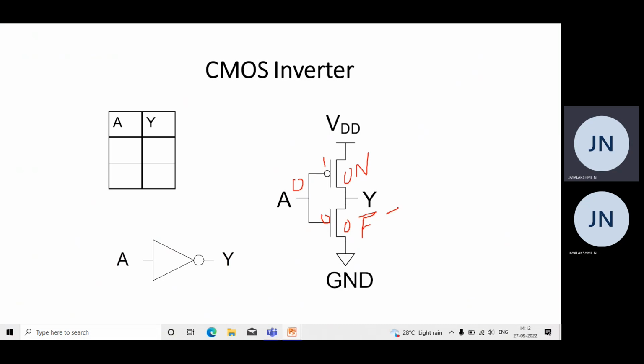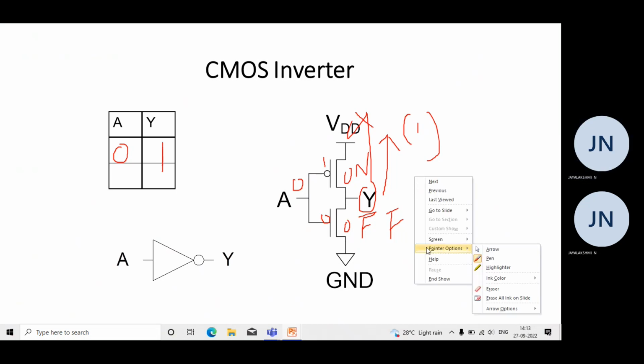When the PMOS transistor is on, the output Y is pulled to VDD, and the VDD value is 1, so if you give input as 0, the output is 1.